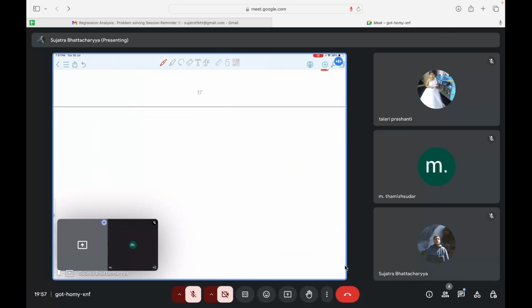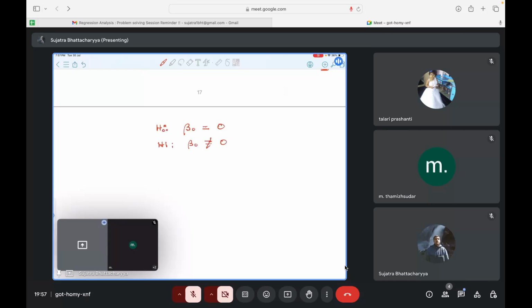So now, if I do the similar way and say that this is your null hypothesis, H naught: beta naught is equal to, let's say, 0, and H1 is that beta naught is not equal to 0.